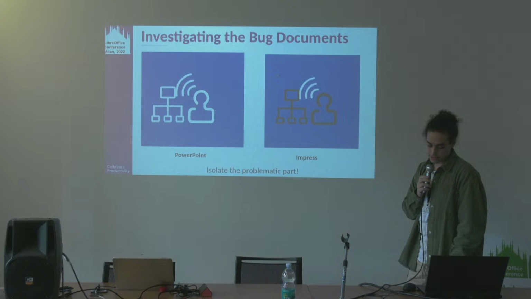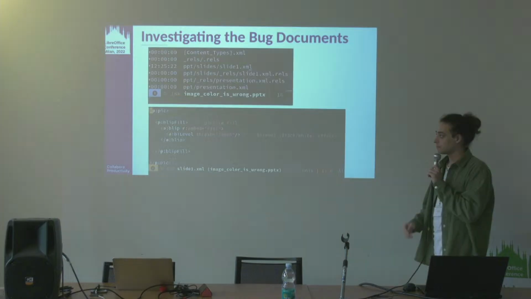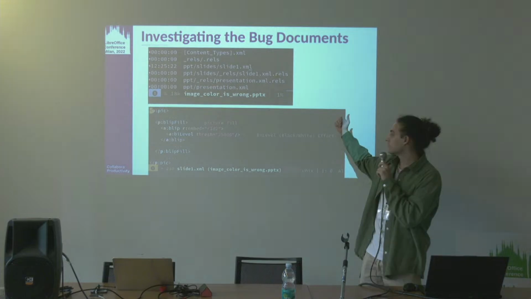I'm ahead of myself. So after isolating the piece, I saved the document and looked through its contents by unzipping it or some other way. We go to the slide contents, and we can find that there is this biLevel tag, which I believe means binary level, and it specifies a black and white effect on the image.